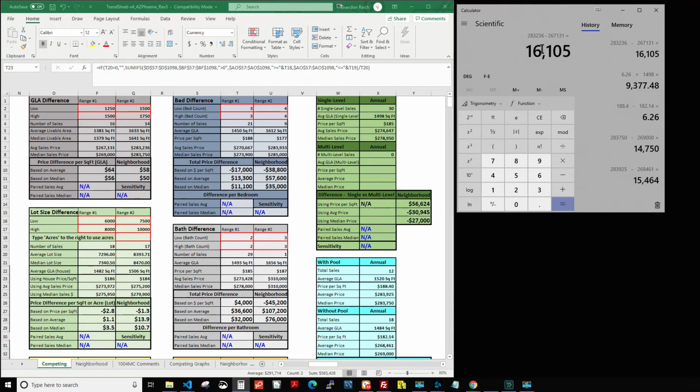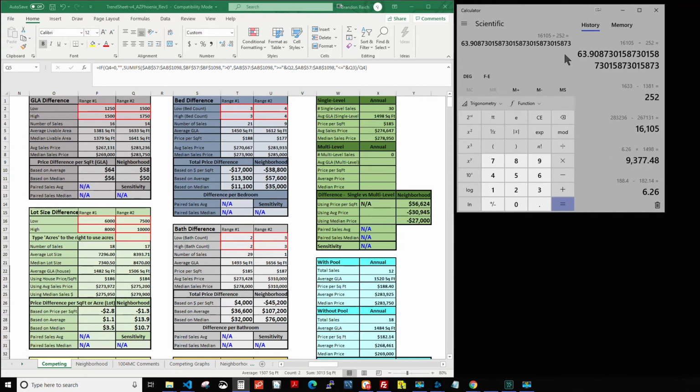For that, we do the 1633, which is the GLA of the larger group, minus the GLA of the smaller group, so minus 1381. Then we can say that that $16,105 is accounting for the difference of 252 square feet on average. And so then we just do that math, 16,105 divided by 252. And that gives us our price per square foot, which is basically $64. And that's the number we have right there.